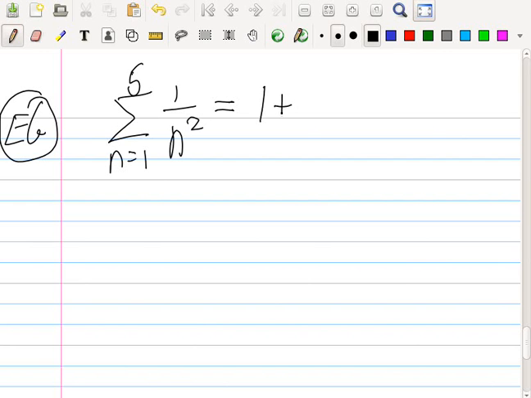What would be the next term? 1 over 4, because it's 2 squared. Next? 1 over 9. Next one? 1 over 16. And next? 1 over 25. And type that in and tell me what you get, please.